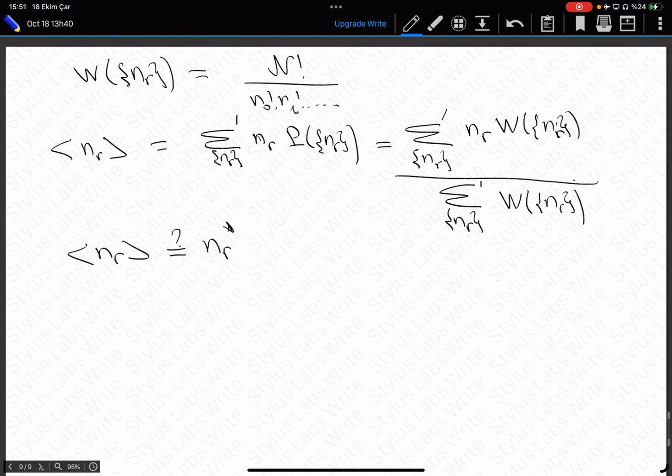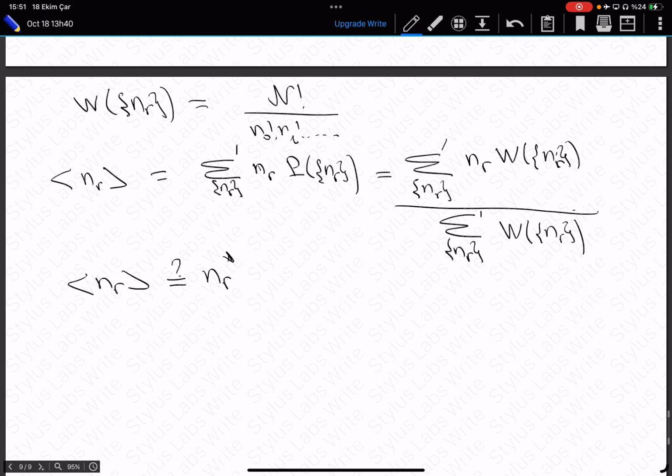So let's proceed. You see, there are two things I have to calculate. One, the sum of omega over all possible sets NR, and then multiply omega with NR and sum over all of them. So rather than doing that, I will do a trick. Let me define a different one, omega bar. Let me define it this way.